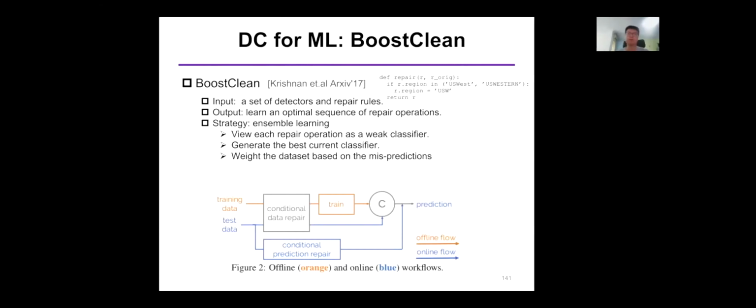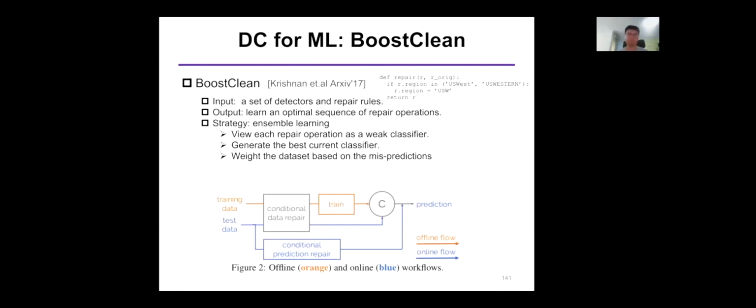Rather than constantly enumerating every record in the original dataset and cleaning it, it makes the observation that detecting errors and applying a cleaning function on a dataset can be seen as generating a set of new features, and then a new model can be trained on the cleaned dataset.